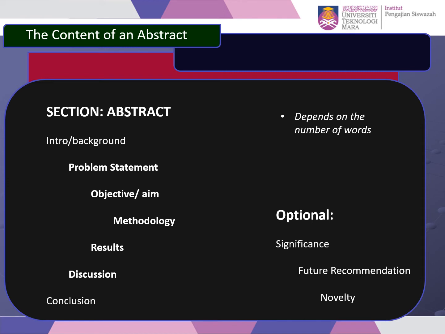You can highlight that too, depending on the number of words, because some journals have a limitation on the number of words. If you're writing an abstract for a thesis, it can be longer. It's normal to see an abstract of a thesis of 1 page or about 500 words.